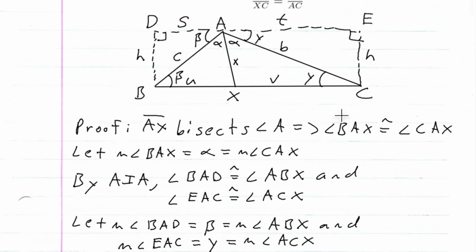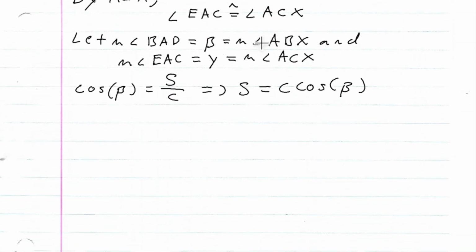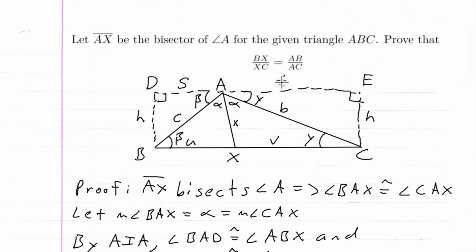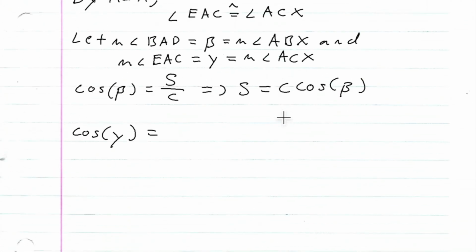We're going to do the same thing with cosine of y. Cosine of y is equal to t over b. And then if we solve for t, this implies that t is equal to b cosine of y.